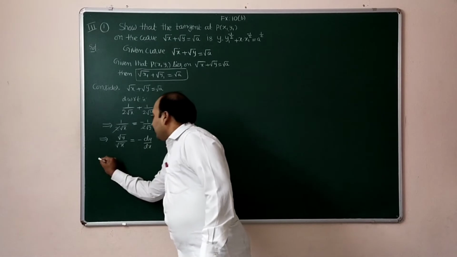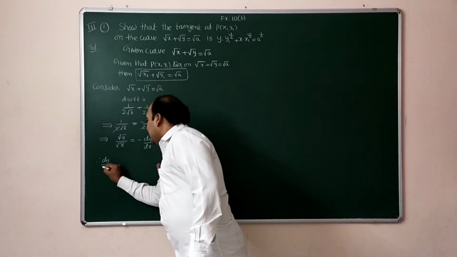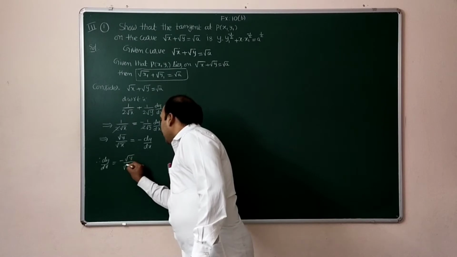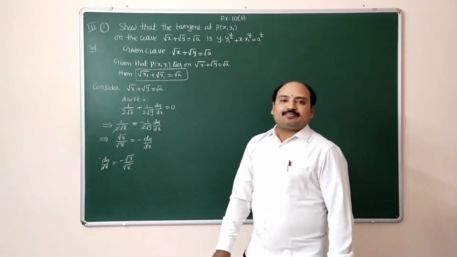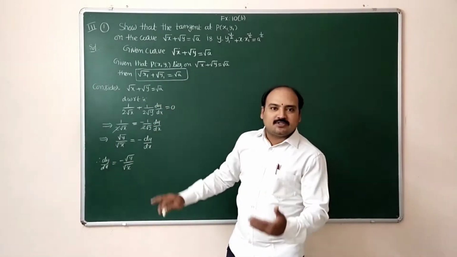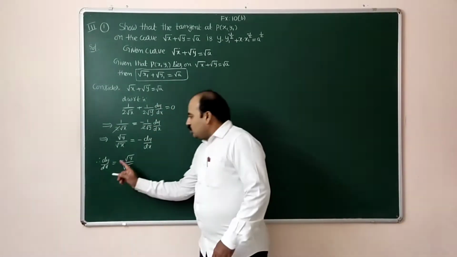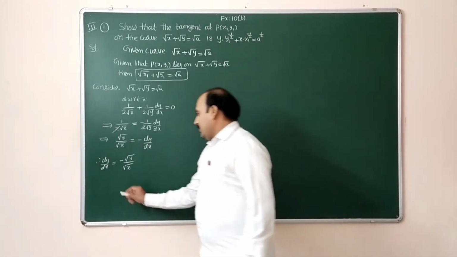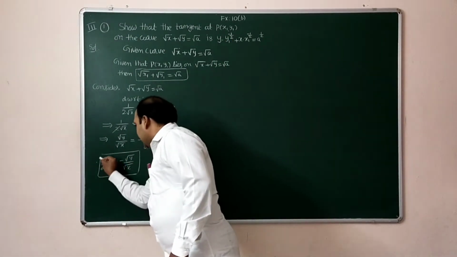Therefore dy by dx equals minus root y divided by root x. Dy by dx means what? Slope of the curve. Slope of the curve means slope of the tangent. Slope of the curve at what point can we calculate? At x1, y1.